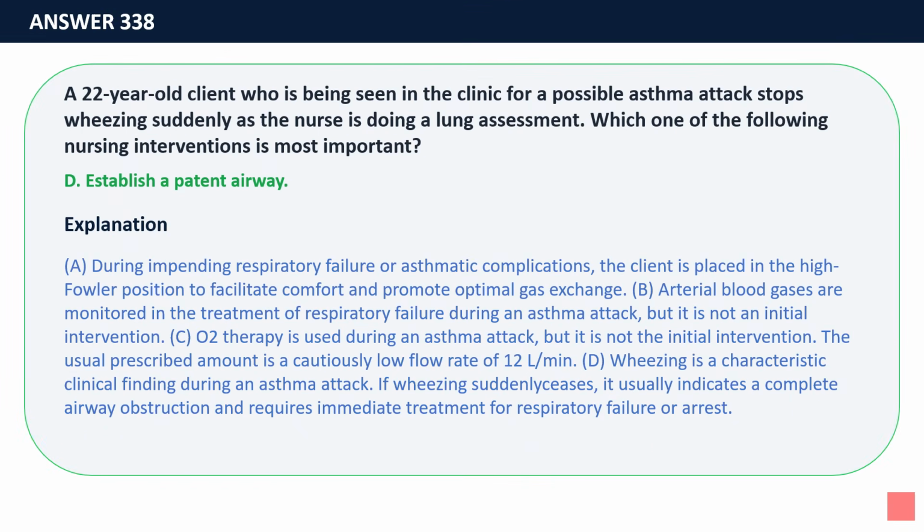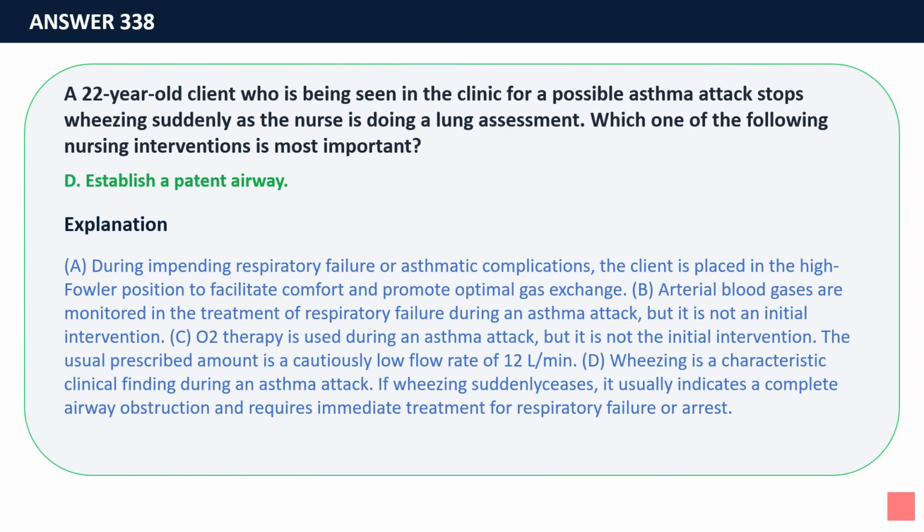Answer: D. Establish a patent airway. Explanation: A. During impending respiratory failure or asthmatic complications, the client is placed in the high Fowler position to facilitate comfort and promote optimal gas exchange. B. Arterial blood gases are monitored in the treatment of respiratory failure during an asthma attack, but it is not an initial intervention.